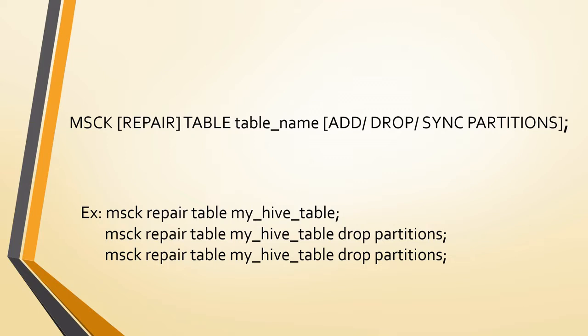If any changes are made to this HDFS path directly, not through Hive commands, for example with the Hadoop HDFS rm -r command deleting a partition, then the Metastore will not know about these changes. So we have to sync the Metastore with the modified HDFS data. Only then can you query the Hive table, meaning select star from the Hive table.